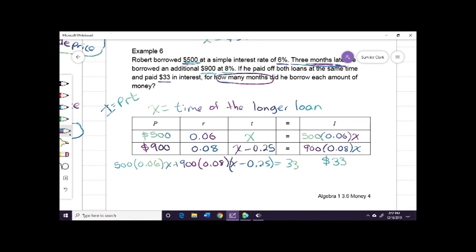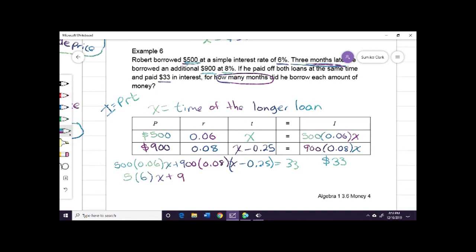So we could multiply both sides by 100 and get some really big numbers, or we can recognize that 500 is 5 times 100 and then multiply that 100 into our interest rate here. So let's go ahead and do that. It's 5 times 100, and I'm going to apply it here and make that a 6x. I'm going to do the same thing over here. 900 is equal to 9 times 100.